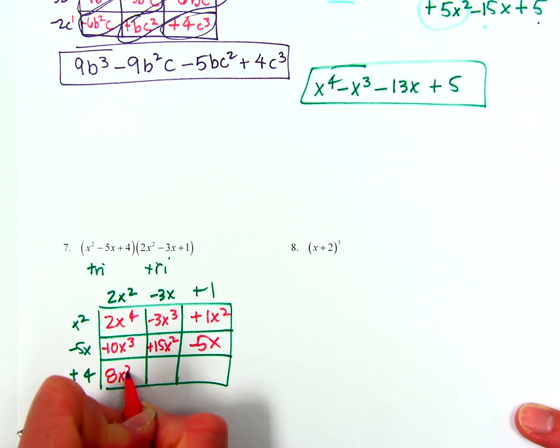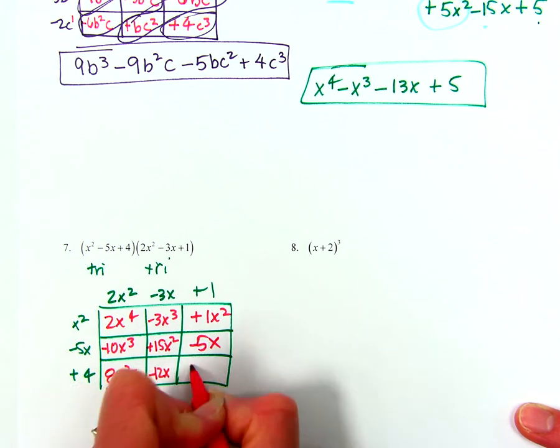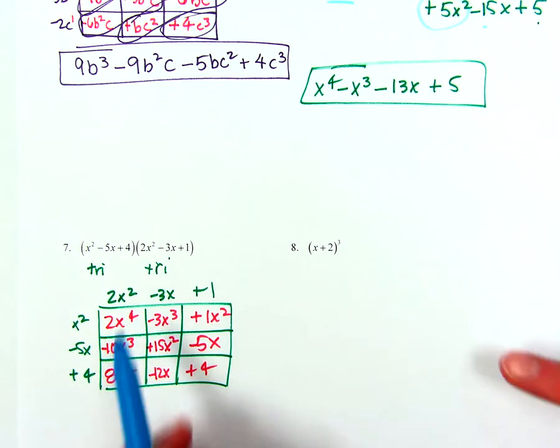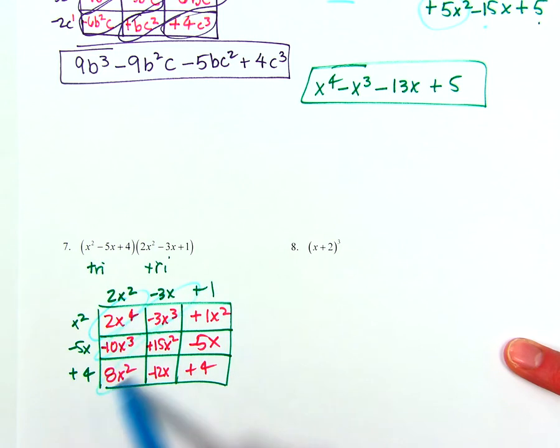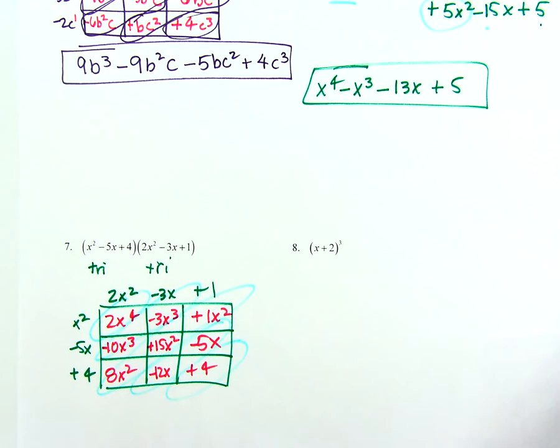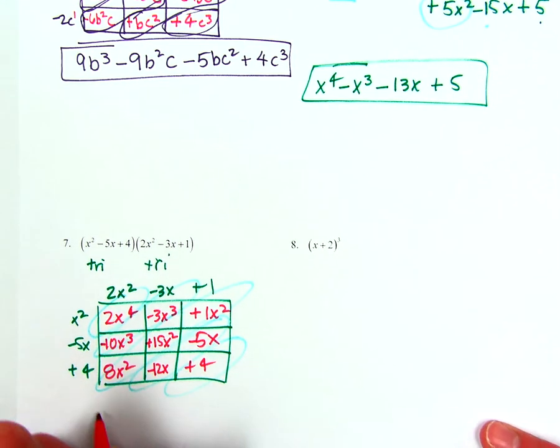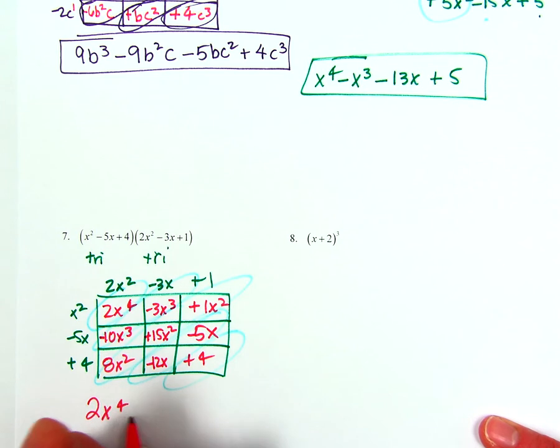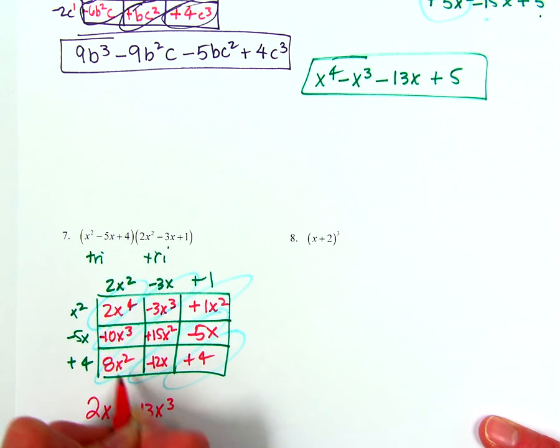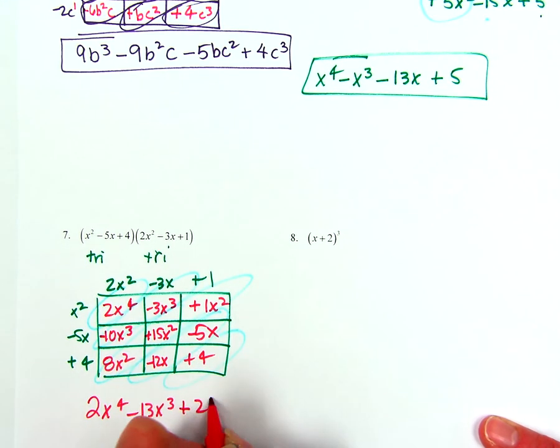So 8x squared minus 12x plus 4. And then your job is to add like terms, which remember with the box method it should be on your diagonal. So we have 2x to the fourth minus 13x cubed plus 24x squared minus 17x plus 4.